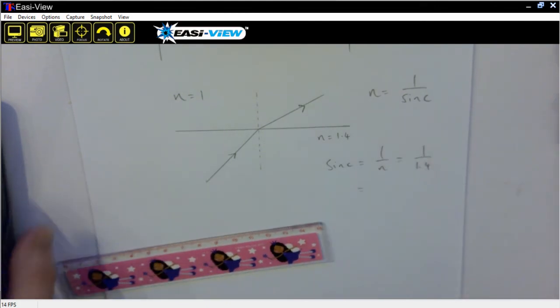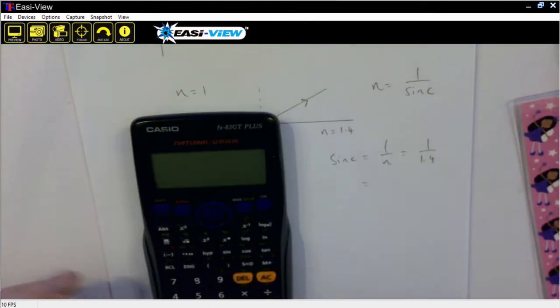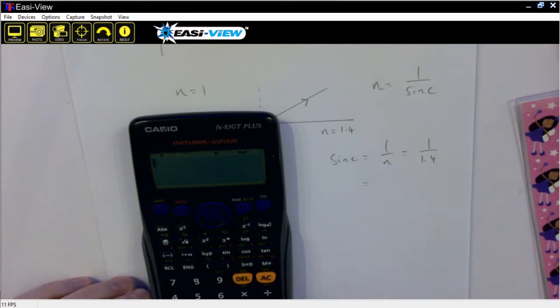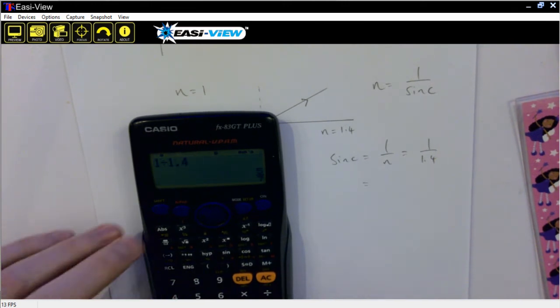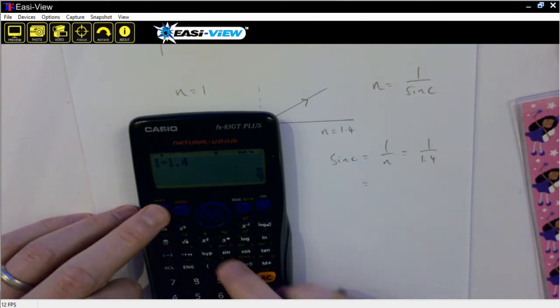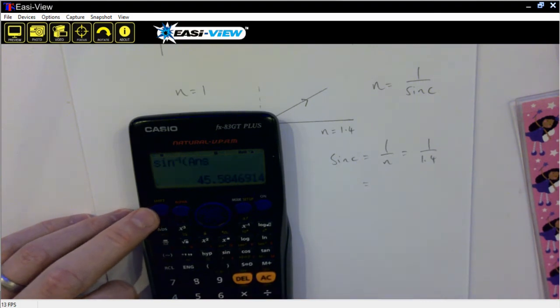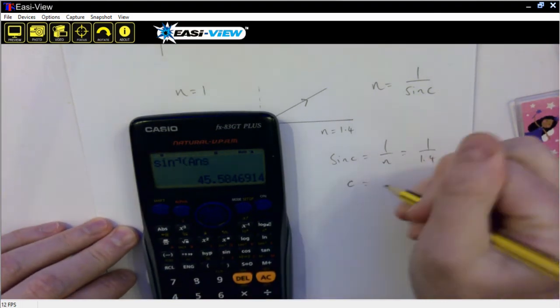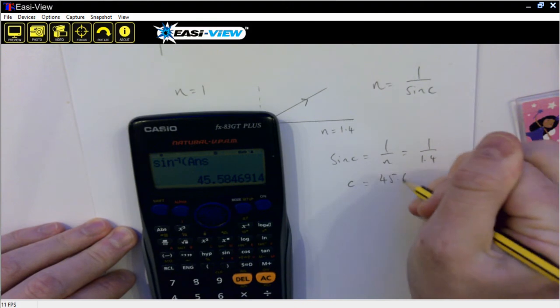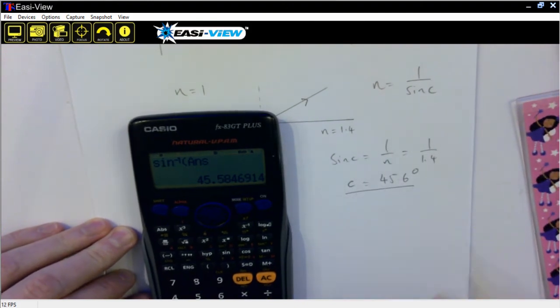On the calculator, we do 1 divided by 1.4, then take the inverse sine of that value, which gives us 45.6 degrees, to 3 significant figures.